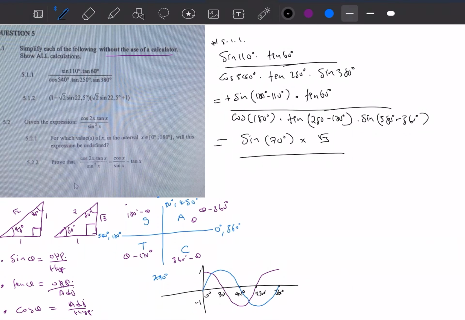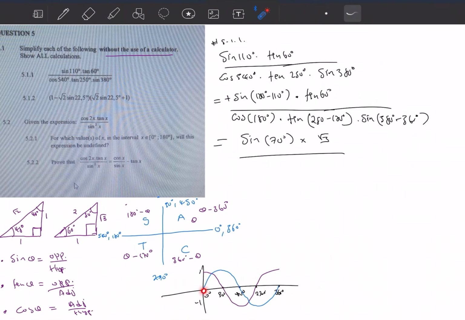So when cos is 180, therefore your answer is -1. So cos of 180 is -1. What I'm saying is cos of 0 is 1, cos of 90 is 0, cos of 180 is -1, cos of 270 is 0, cos of 360 is +1.